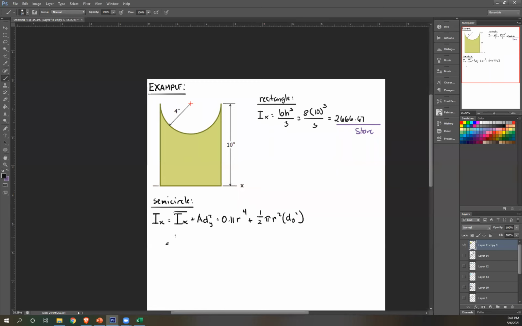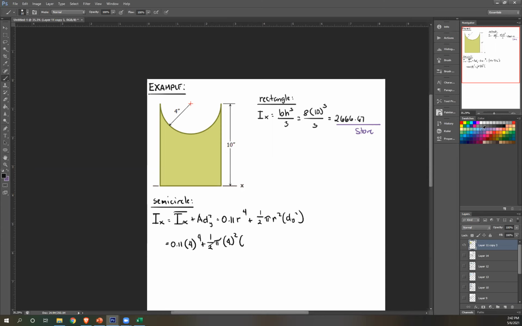Let's plug in our values. 0.11, radius is 4, so 4 raised to 4 plus 1/2 pi 4 squared. And now I have to know what dy is.